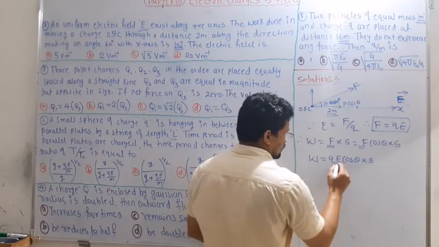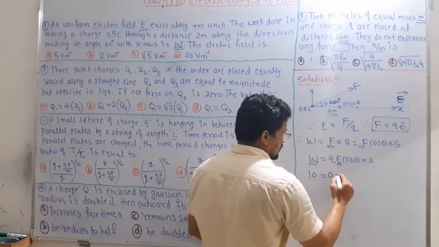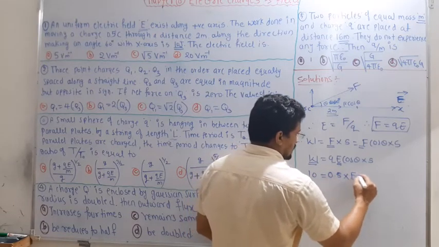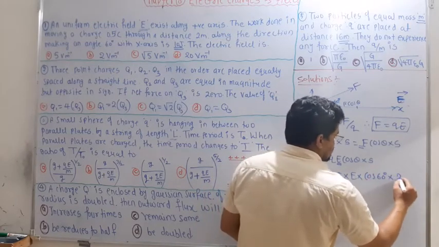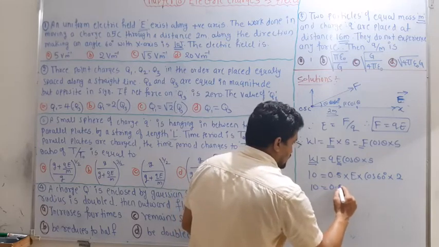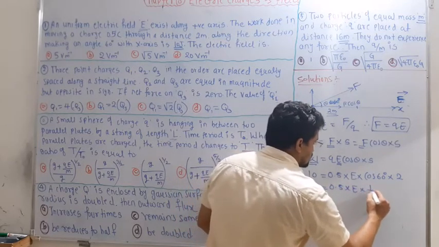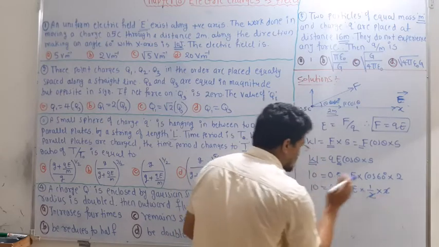We need to find E. Work done is given as 10 joule, so 10 = 0.5 × E × cos 60° × 2 meter. Cos 60° is half and the 2 is there, so the half and 2 cancel out and 1 is left.